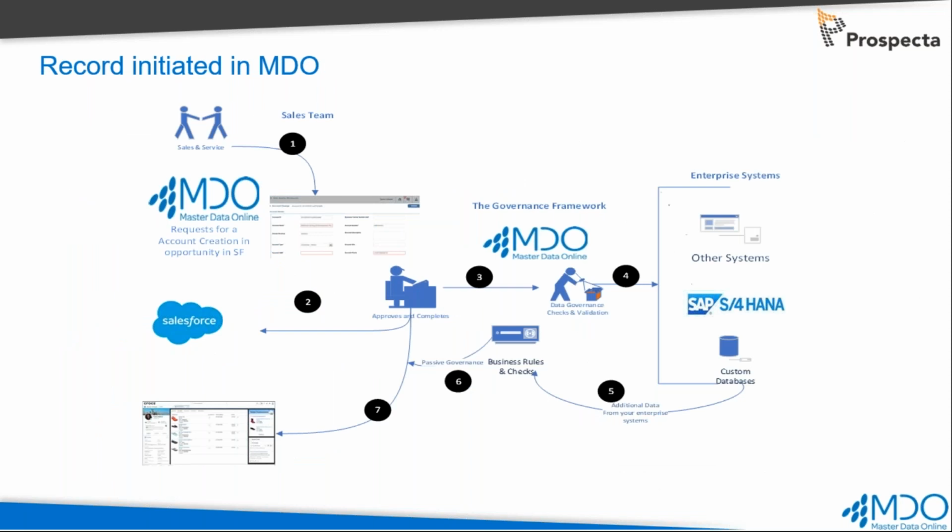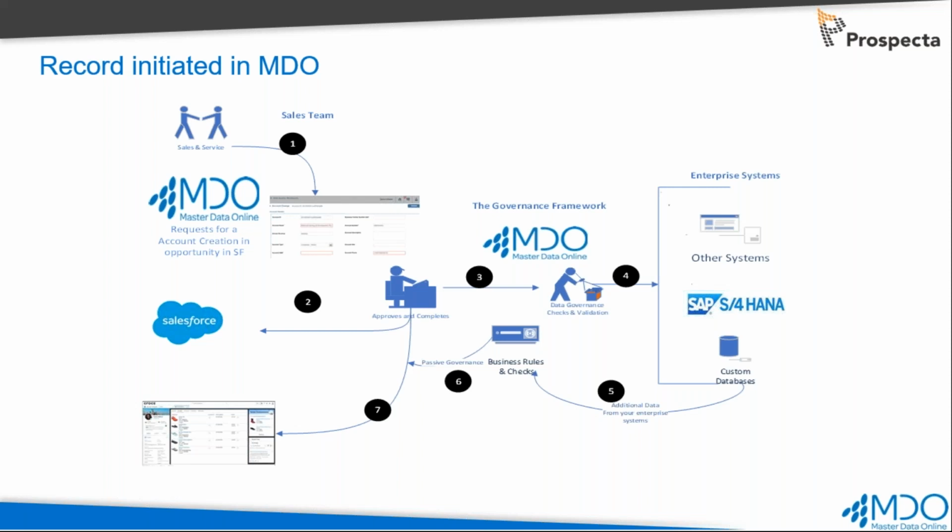The initiation can happen through an onboarding form, which can be available on the website, where customers can onboard themselves directly, or it can be through a business user within the organization initiating a request for a new customer record. Once all the approvals and contributors contribute to that request, it can sync to both the systems, Salesforce and the MDO system.